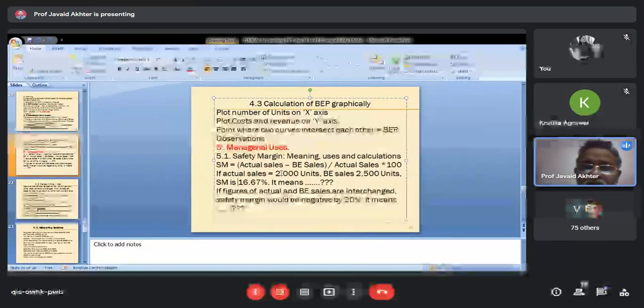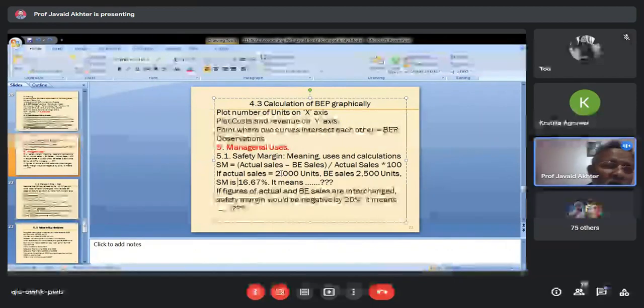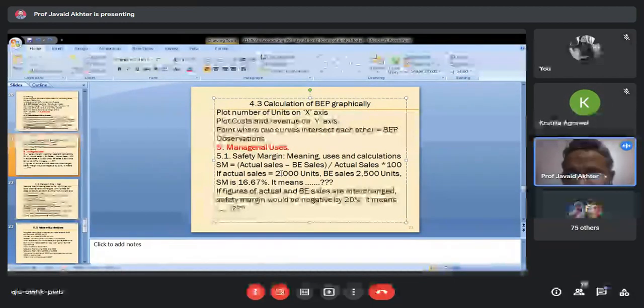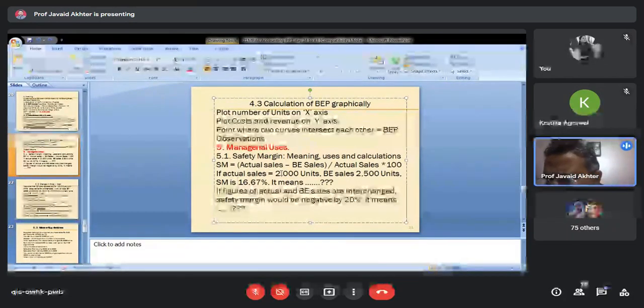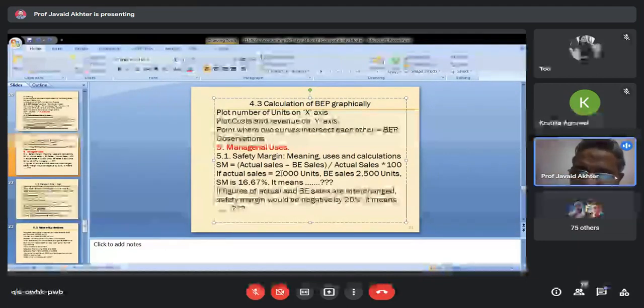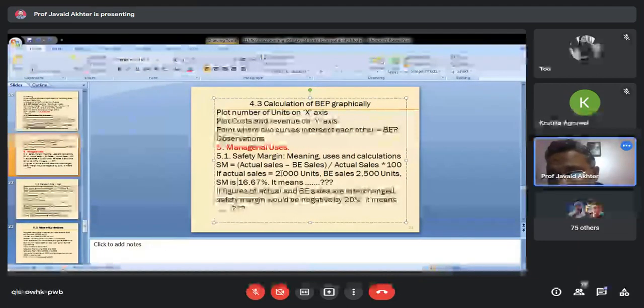You can calculate safety margin any time. Just draw a 90-degree angle on the x-axis at any number of places. Let us say you have divided your x-axis into 10 stages: 1000 units, 2000, 3000, up to 10,000, or any number, it can be millions of combinations. From whichever combination you wish, you can see the effect on our safety margin.